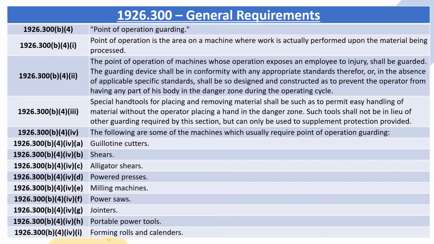Such tools shall not be in lieu of other guarding required by this section, but can only be used to supplement protection provided. (iv) The following are some of the machines which usually require point of operation guarding: (a) through (i): guillotine cutters, shears, alligator shears, power presses, milling machines, power saws, jointers, portable power tools, forming rolls and calendars.